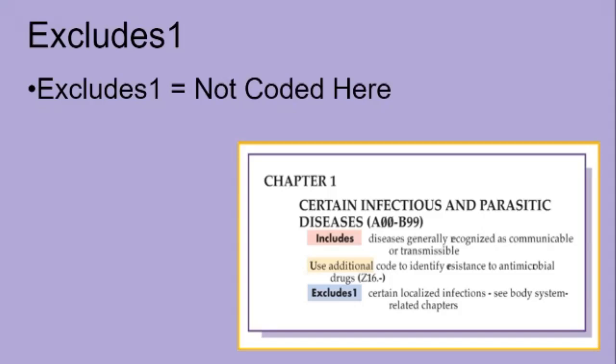Here we have our includes that we just read for the certain infectious and parasitic disease section. Then underneath the pink includes, there is a little peachy color. It says use additional code. And then it says excludes 1, certain localized infections, see body related chapters. So that's what this is going to exclude.